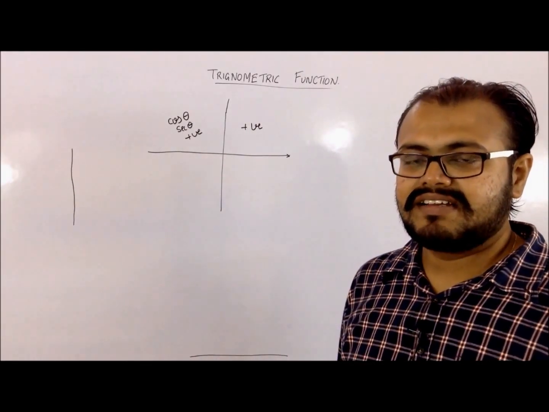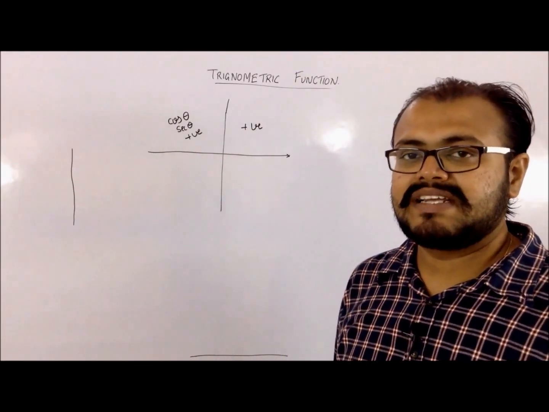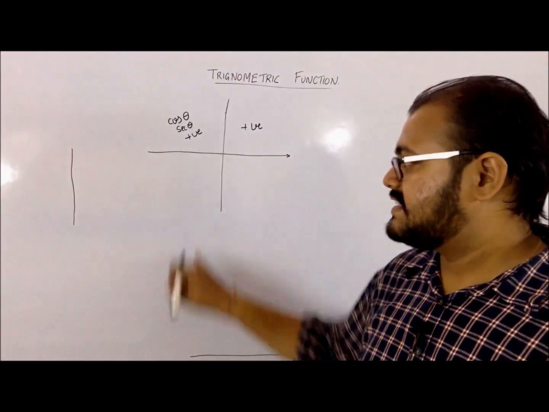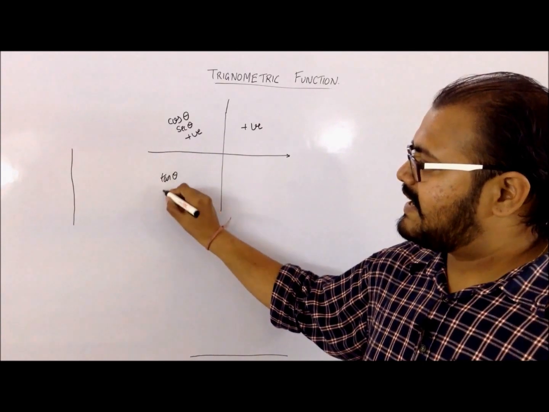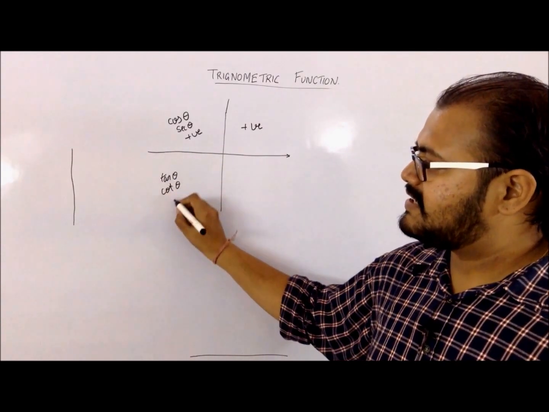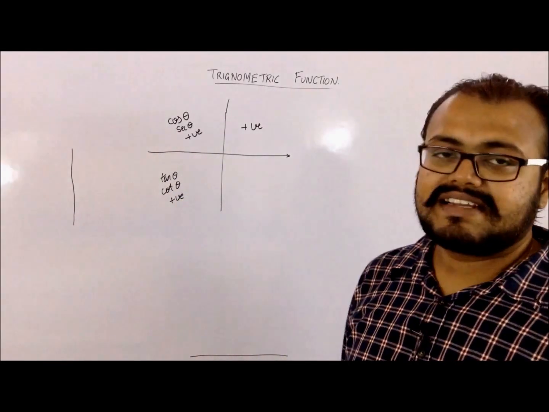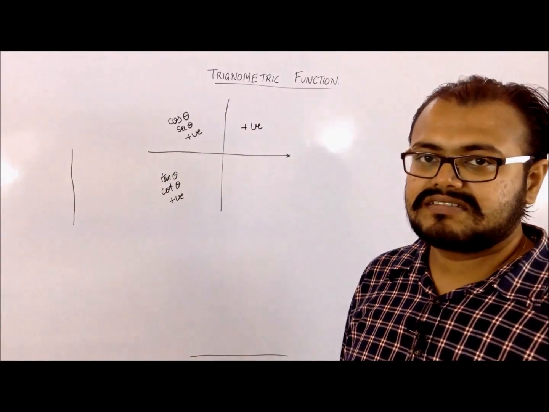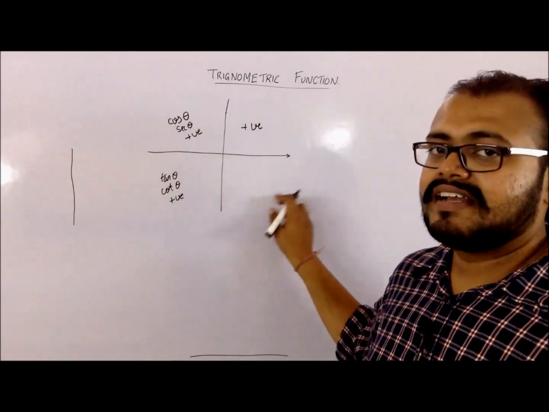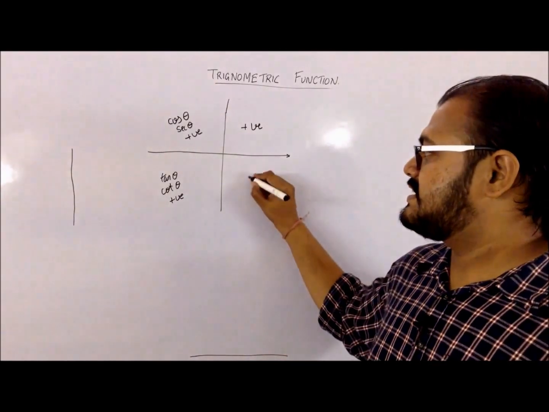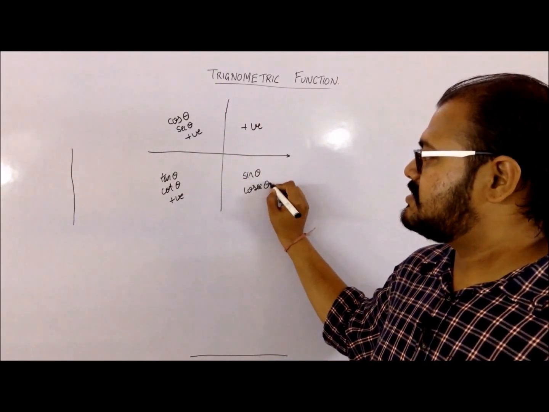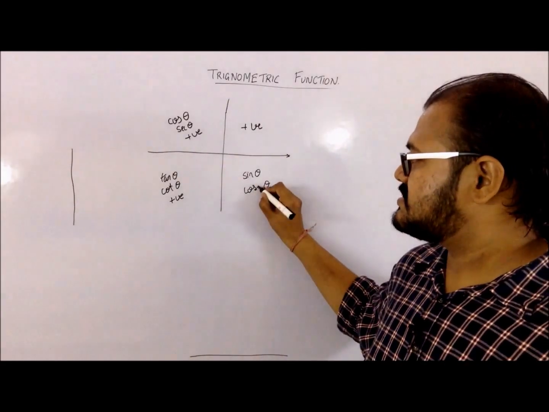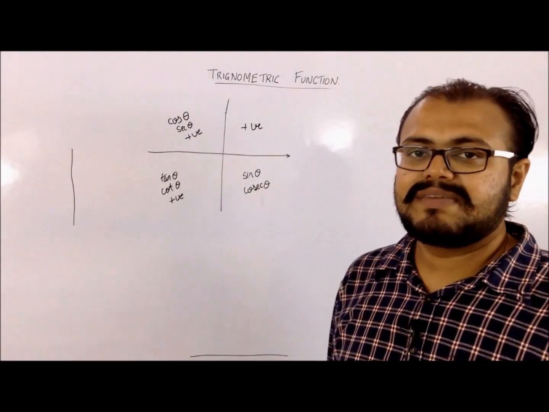The remaining trigonometric functions will give me a negative answer. In the third quadrant, I get tan theta and cot theta to give me a positive answer. Rest will give me a negative answer. And finally, in the fourth quadrant, I will get my sine theta and cosec theta to give me a positive answer, and the remaining will be negative.